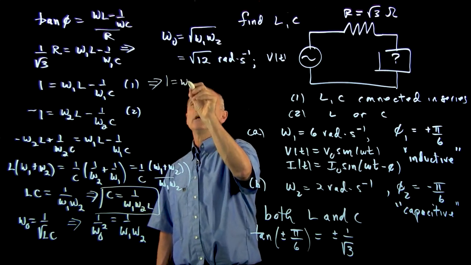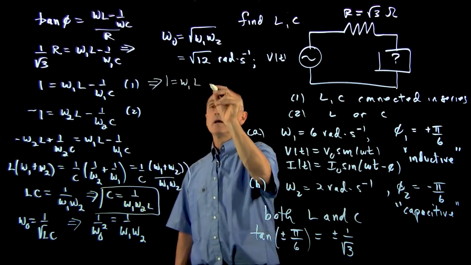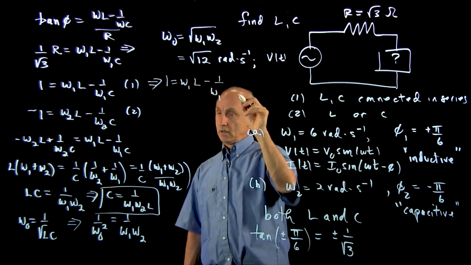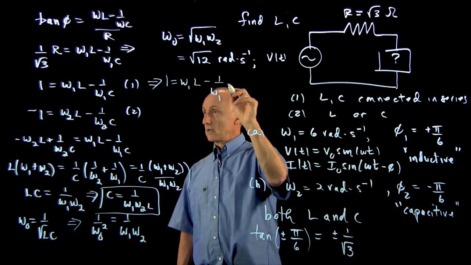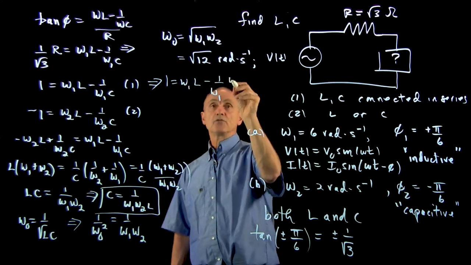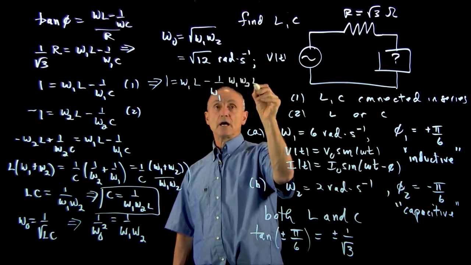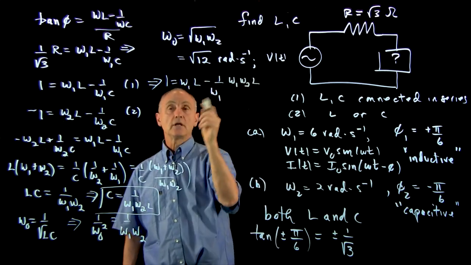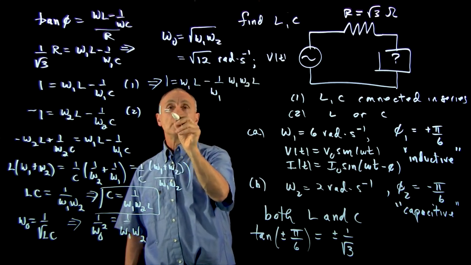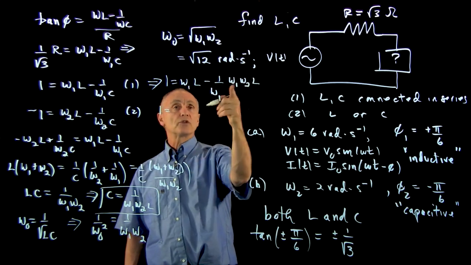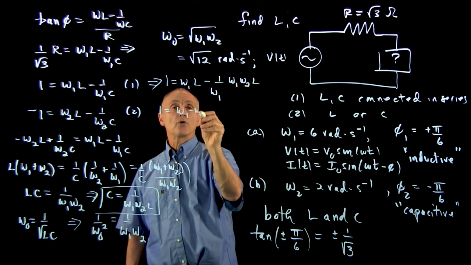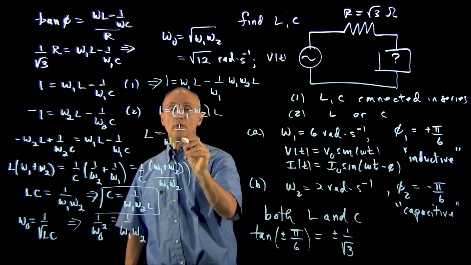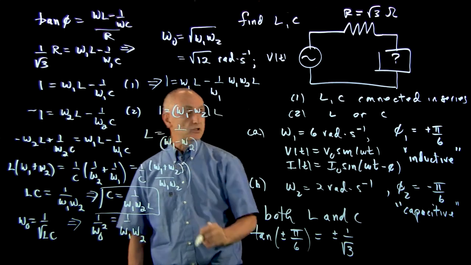I have 1 equals omega 1 L minus 1 over omega 1 C. Now 1 over C is omega 1 omega 2 times L. And so I have my condition here that 1 equals, notice the omega 1's cancel, so I get minus omega 2 L, or L is 1 over omega 1 divided by omega 2.